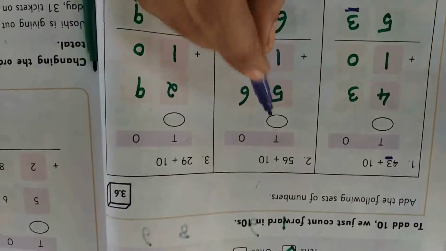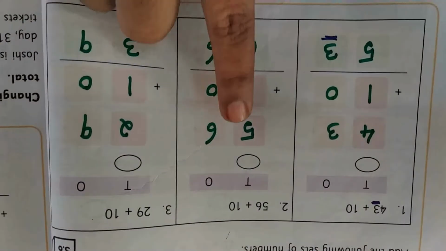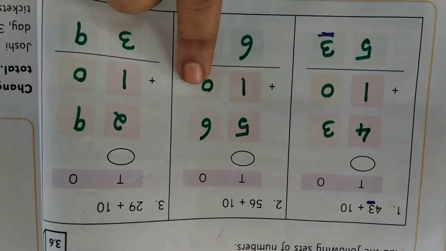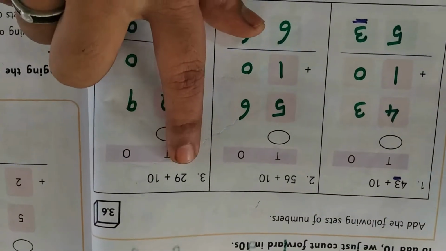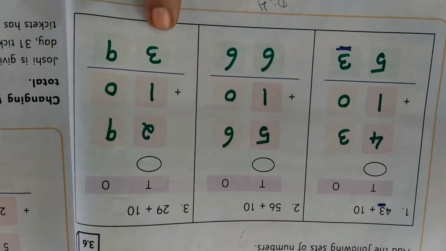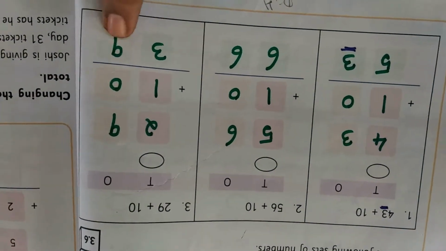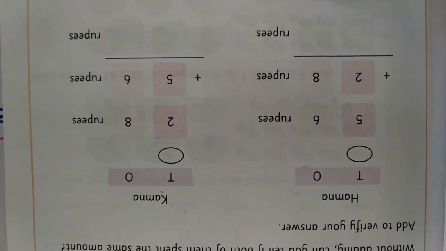Like that, the number 56 plus 10 they have given, and we write it in the addition fact 56 plus 10, and we get the answer 66. Same thing here, 29 plus 10: you take 29 and 10 and write, and the answer we get is 39.